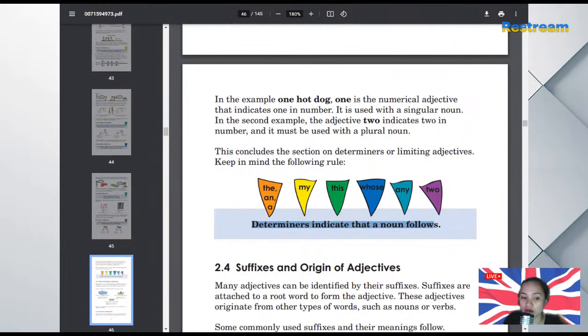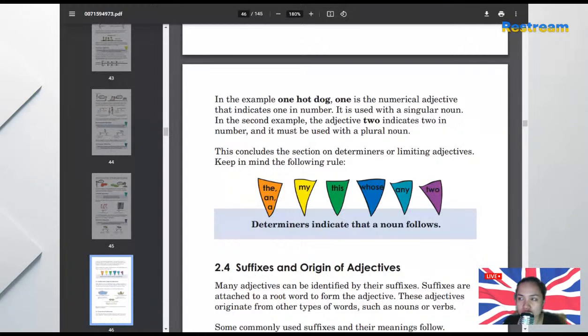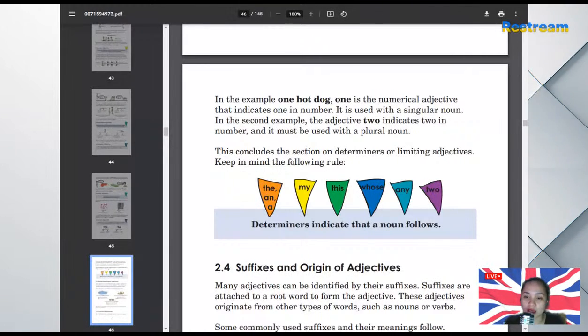So if you put this indicator, it means you have a noun next to it. We cannot use an adjective directly after these determiners, let's say the blue. It should be the blue bag, so there should always be a noun. Understood?